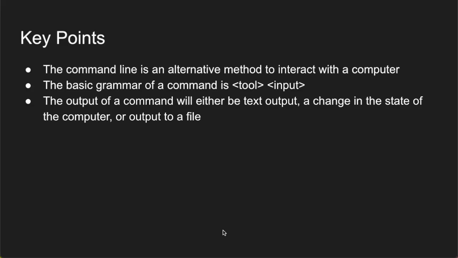And then finally, when you run a command, the things that you will get out of that command are either some output, typically as text, a change in the state of the computer, perhaps changing directory or something like that, or output to a file. We did that when we redirected some of those programs to write a file to our computer. And we're going to be doing that in different ways throughout the rest of the lab.